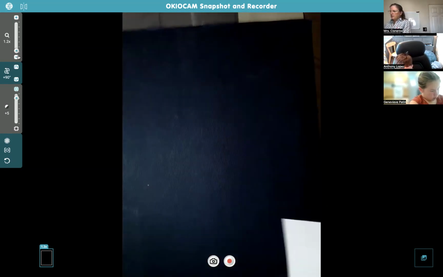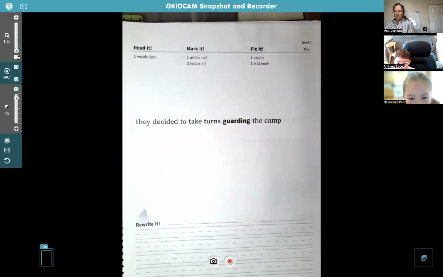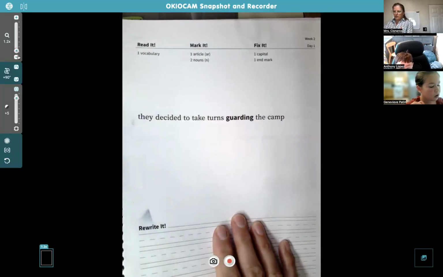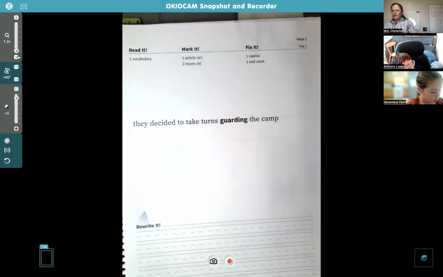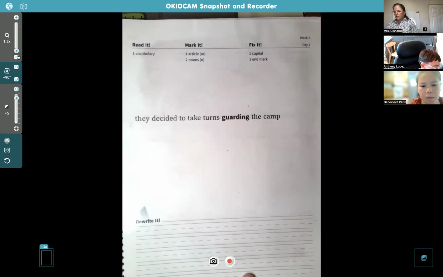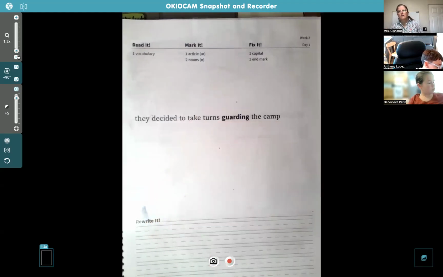That's a short page. So this page, Genevieve, you should have page 9. Got it? Looks like this. She's looking, it should say page 9 at the bottom. Or just check and make sure it's the same sentence here. Do you have it, or is she still looking? They decided to take turns, that sentence.